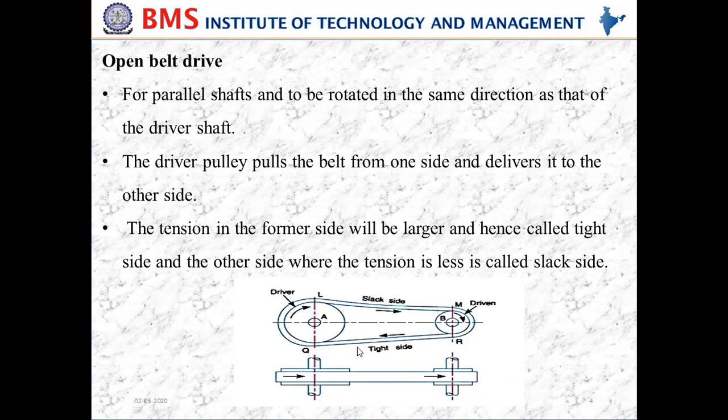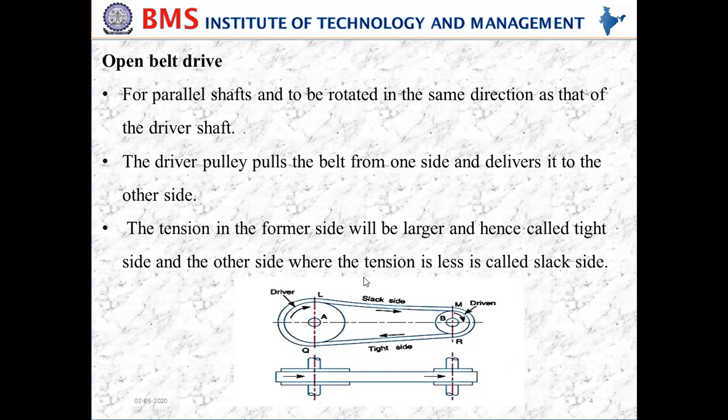The delivering side is called the slack side. The tension in the former side will be larger and hence it is called the tight side. The other side, where the tension is less compared to the tight side, is called the slack side.